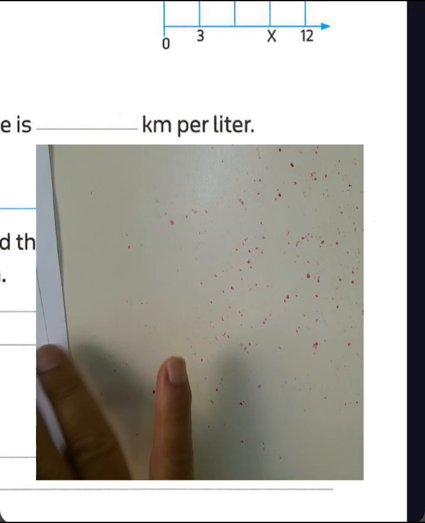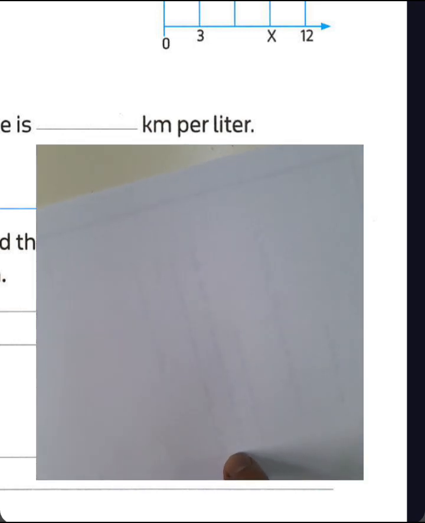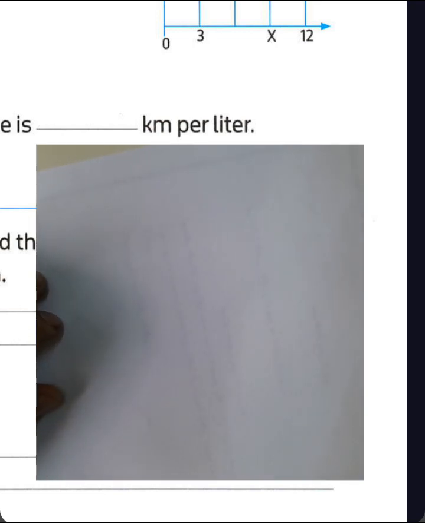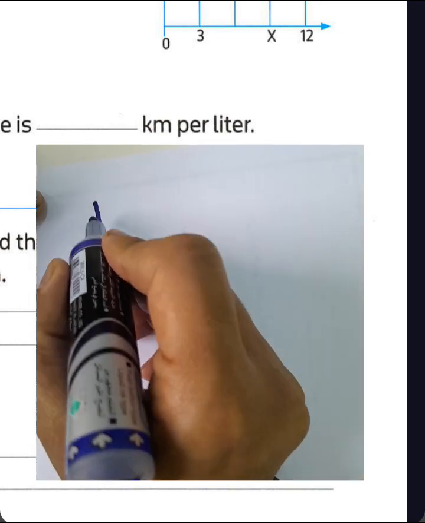I will draw it here again. We will write 3 plus 3 equals 6, 6 plus 3 equals 9, because you can write the multiples of the numbers.